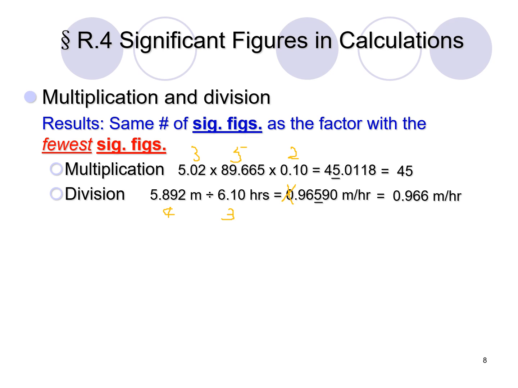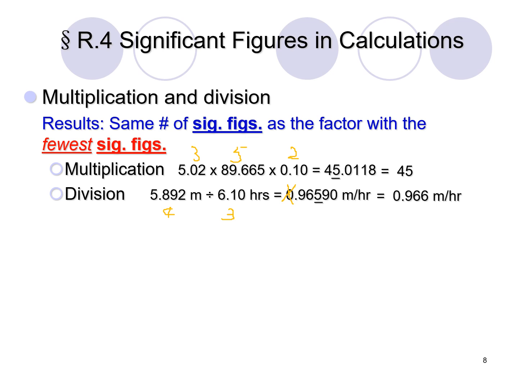All right. Seems like multiplication and division is quite straightforward, right? We're looking for the fewest sig figs from the factors. So how about addition and subtraction? Can we get the sig figs directly like we have in multiplication and division?